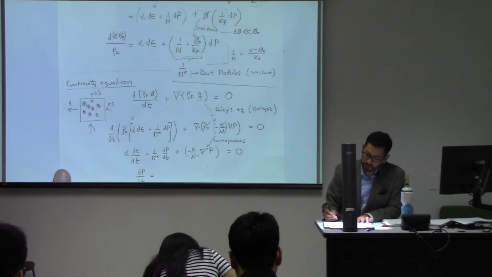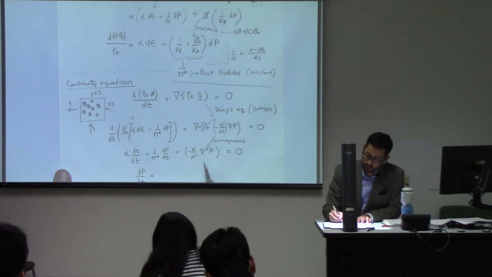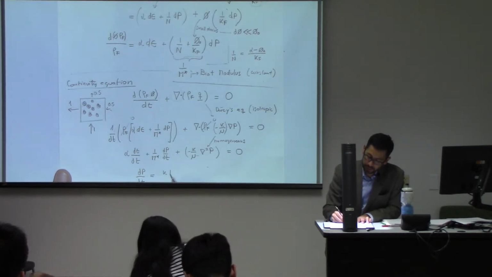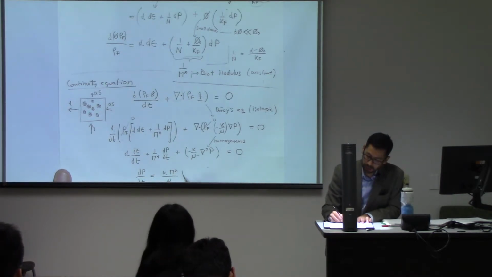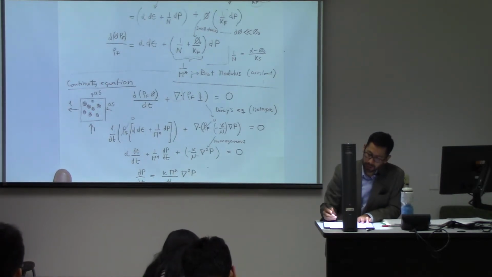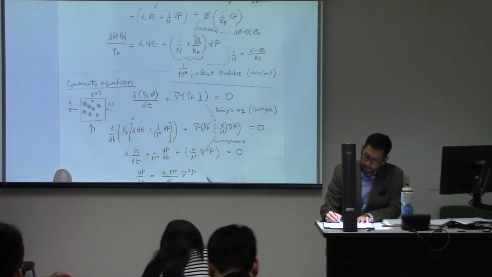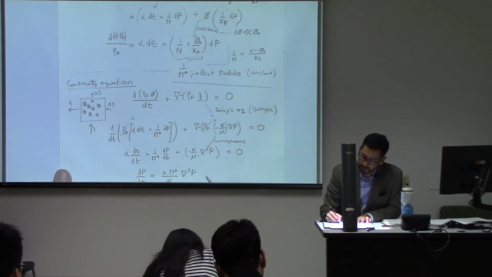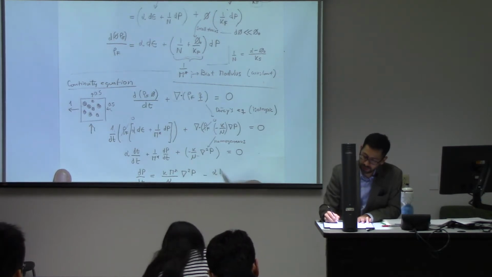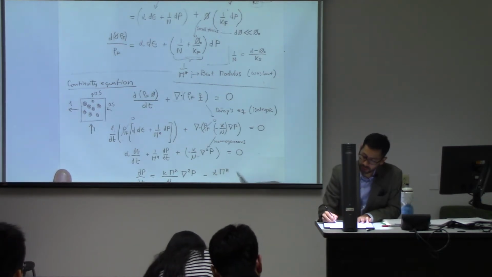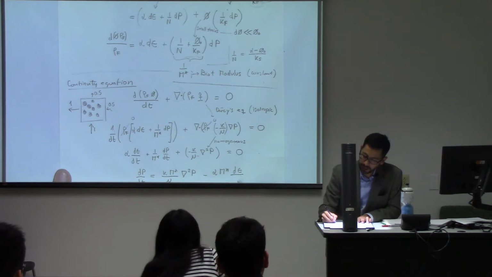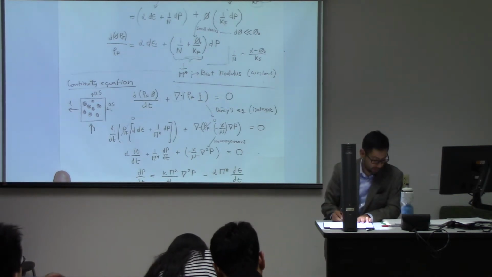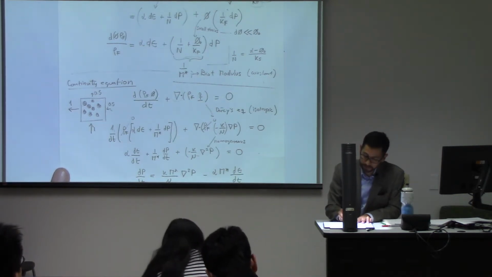And finally, I'd like to write this equation of variation of p as a function of time. And this is going to be equal to k Biot modulus divided by viscosity, Laplacian of p, minus, right? Yes, minus alpha Biot modulus, variation of volumetric strain as a function of time.